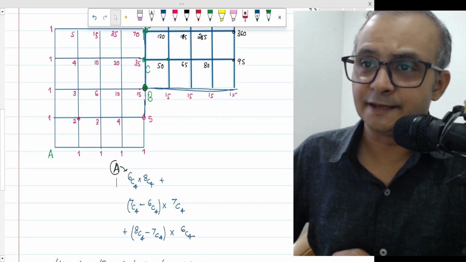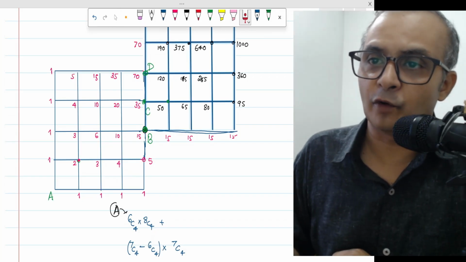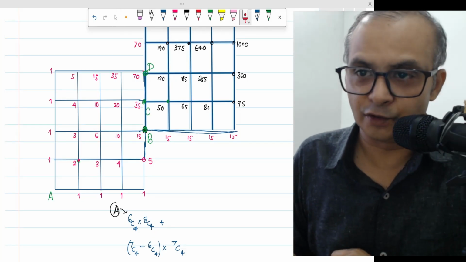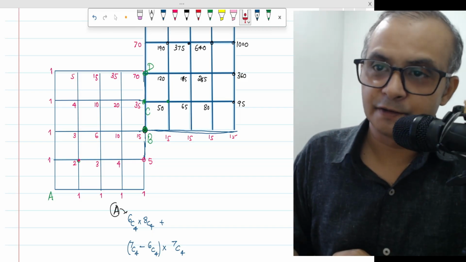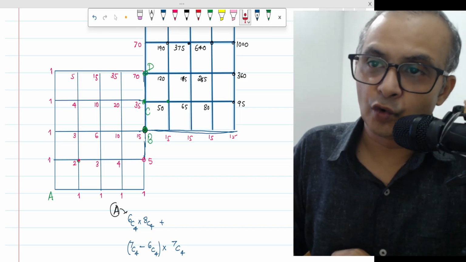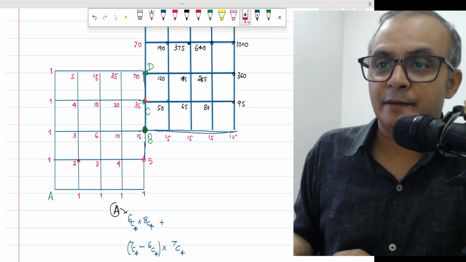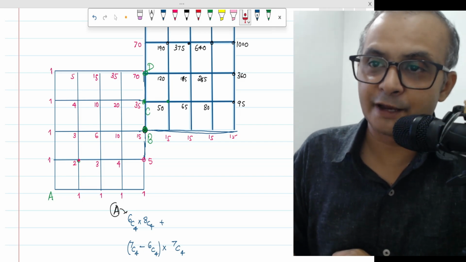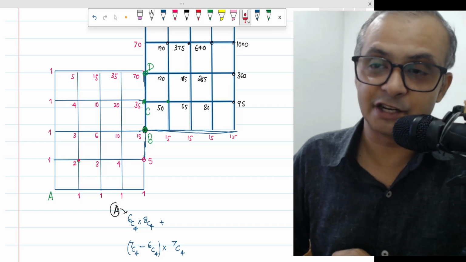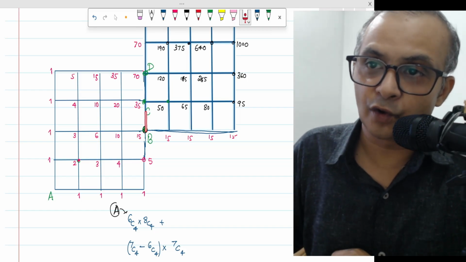But the problem is, in this you have overcounted the number of ways in which you reach C via B, because in the process of counting the number of ways to reach the final destination via B, you have also counted this.